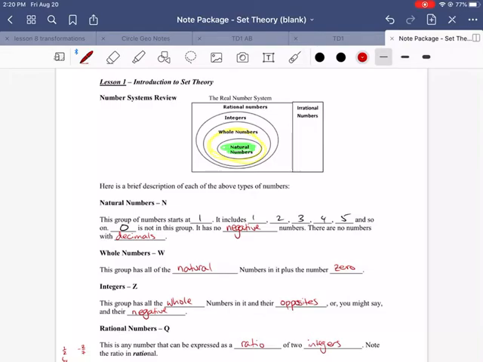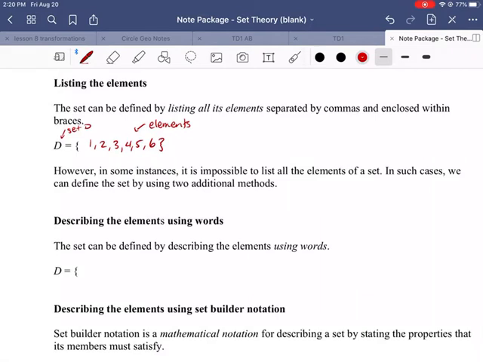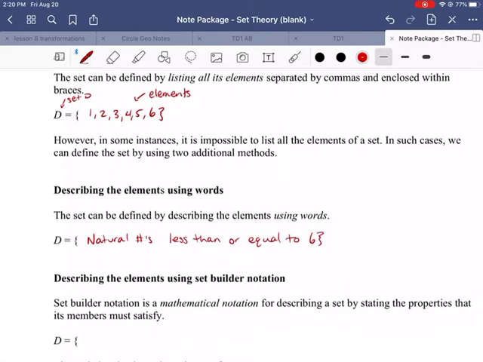Remember, natural numbers don't include 0. So if we want to describe this same set using words, this could be the natural numbers less than or equal to 6. We're going to finish off with a set of curly brackets.